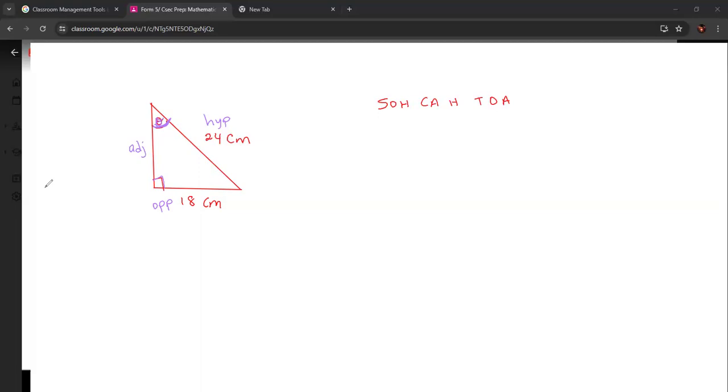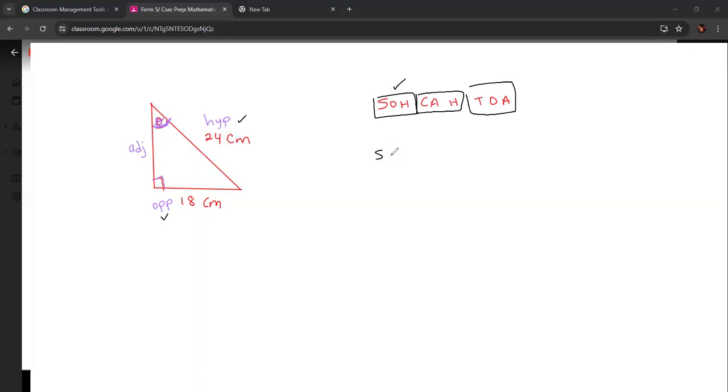So you're going to use the two sides that are being considered. So we have the opposite and the hypotenuse. You look for the ratio that has both opposite and hypotenuse in it, and the one with the opposite and the hypotenuse is that of sine.